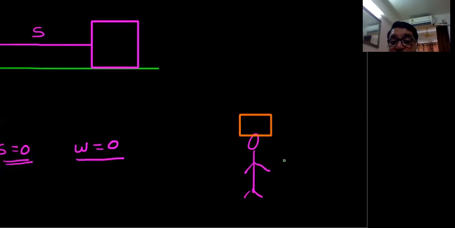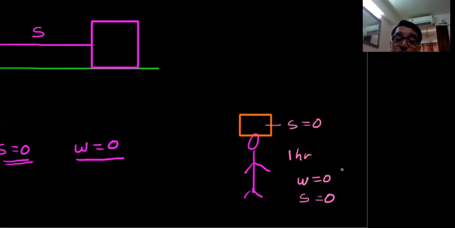But again, if the coolie is standing with a bag on his head for 1 hour, we say that work done is equal to zero because displacement is equal to zero. The bag is not moving. So displacement equals zero, work done is also equal to zero. Even though the coolie gets tired, work done is equal to zero.